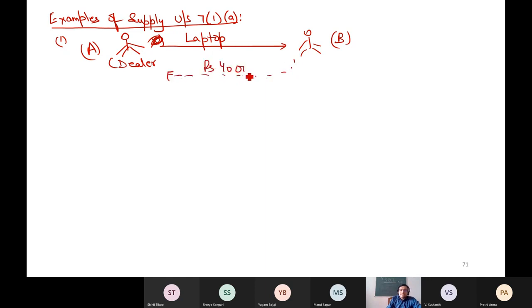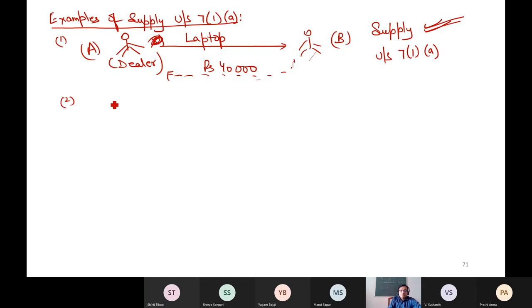Now my question is, is it a supply or not? Answer is yes. It is a supply under section 7(1)(a). Why? Because consideration is involved, business is involved. These two are the main things. Laptop is a good. Sale is happening here. B is giving 40,000, A is giving a laptop. That means it's a supply under 7(1)(a). I hope the point is clear.